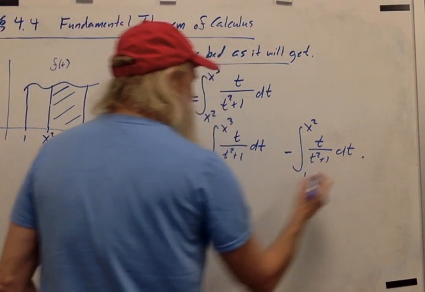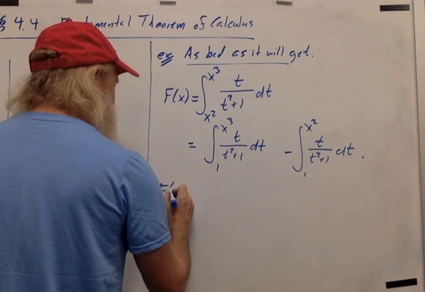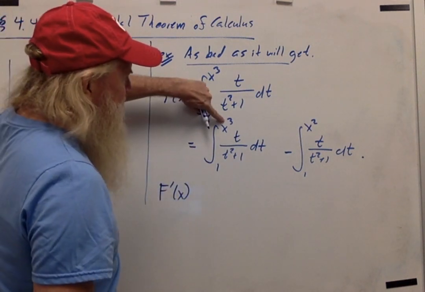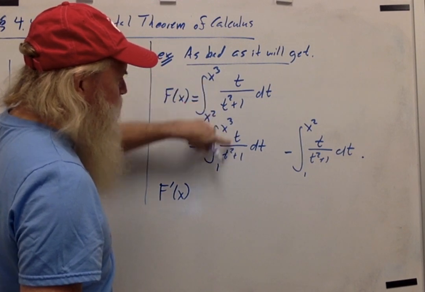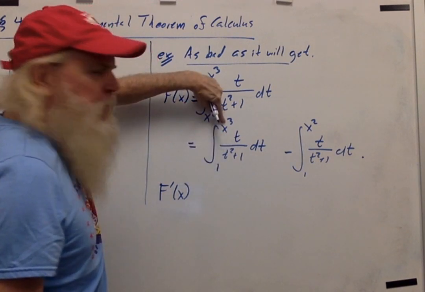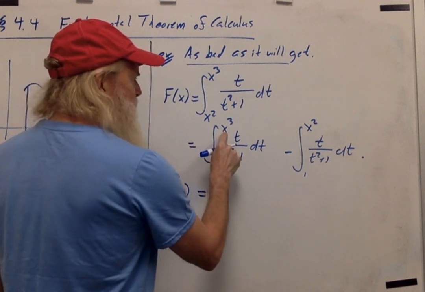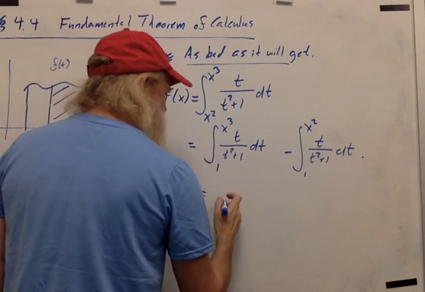Now, here's f prime. To find the derivative, I take this upper bound and plug it in for all the t's, and then I multiply by the derivative of the upper bound. So first of all, with the x cubed, I'm going to plug it in for each t.